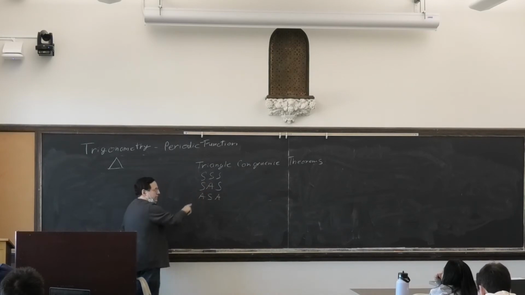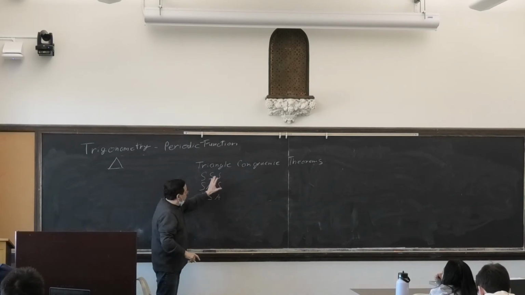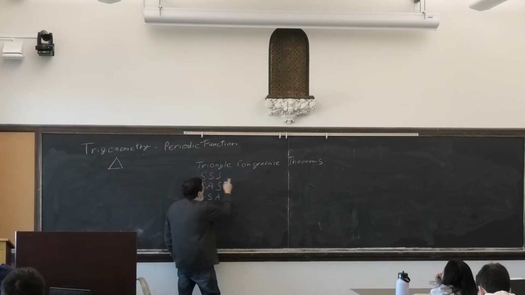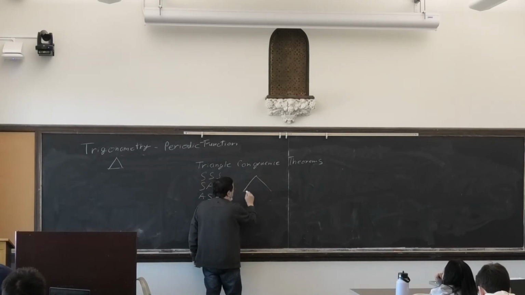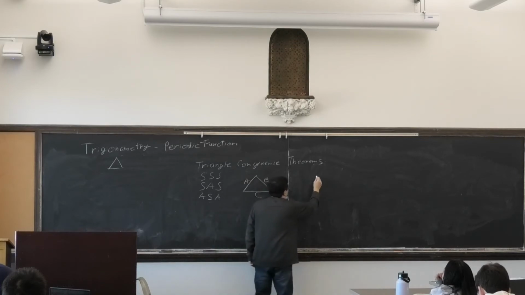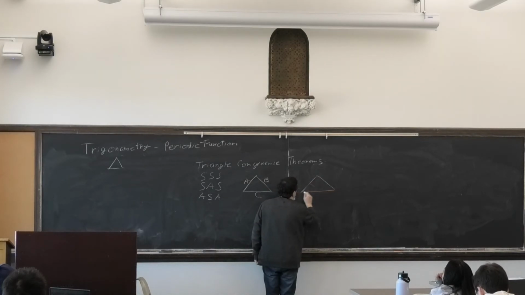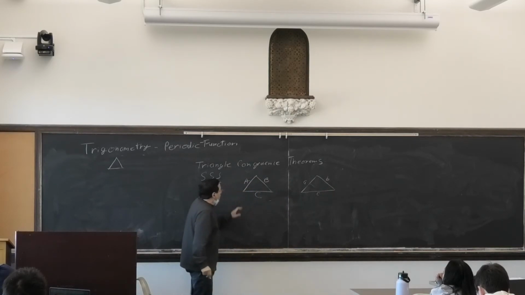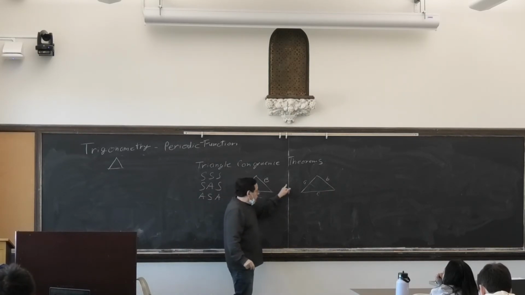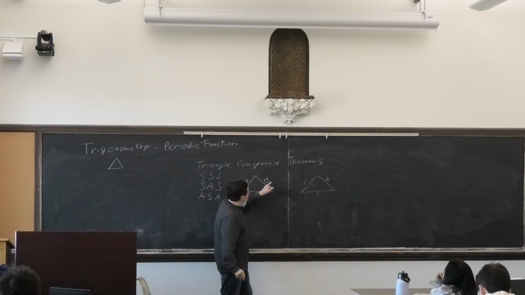Before we get there, let's at least talk about what these mean. Side means if you have 2 triangles, call this A, B, and C, and another triangle, little a, little b, little c. Little a and big A are the same length, little b and big B are the same length, and little c and big C are the same length.